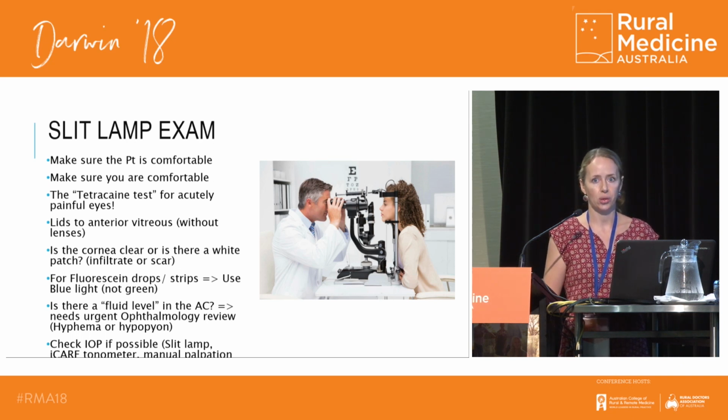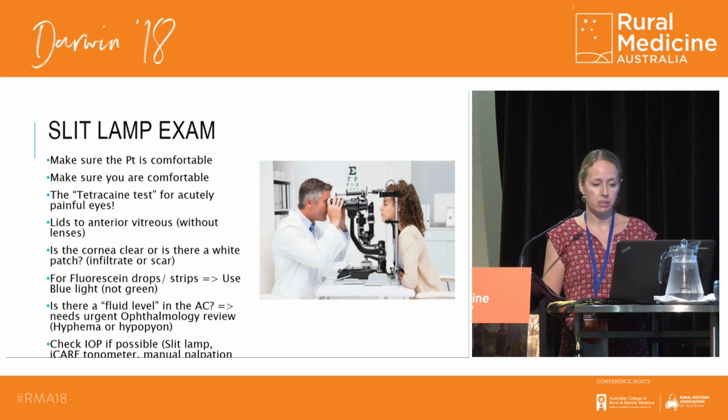If you have a patient with acute angle closure glaucoma who has exactly the same symptoms, the tetracaine is not going to do anything because the pain is not coming from a defect on the cornea, it's coming from the high pressure inside. So it's a very useful initial test to get the patient comfortable if it's a corneal problem, and also you'll be able to examine them after that.